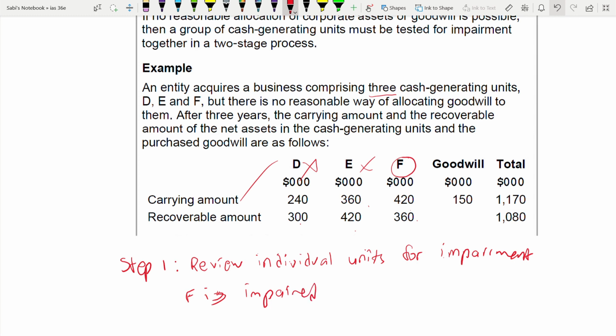And what is the loss? See, you can reduce this carrying amount up to 360. Okay, more than this you cannot reduce. So how much will it be? What would be the loss?